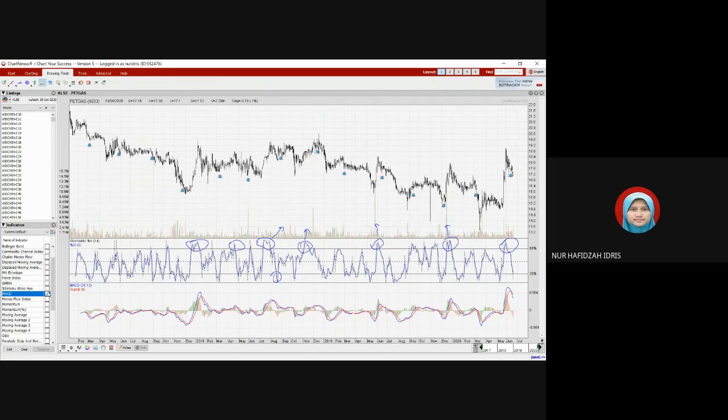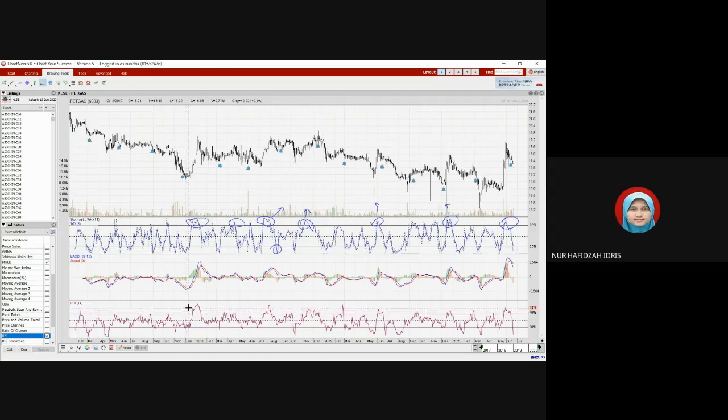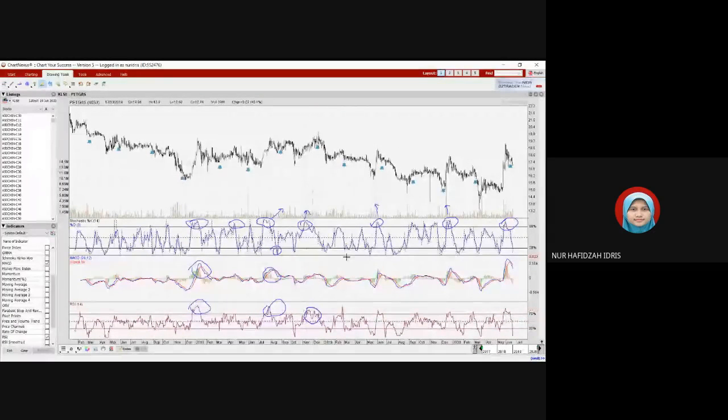Okay. MACD kata apa dekat sini? MACD pun indicate kita akan sell. Lepas tu tengok pula RSI. RSI pun kata dekat sini adalah a right time for sell. Macam itulah nanti bila you nak buat you punya assignment nanti. So sini pun sama. Okay, ni pun kalau you tengok lebih kurang sama semua.